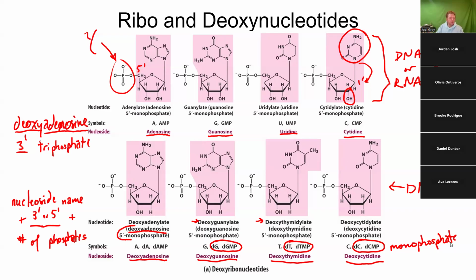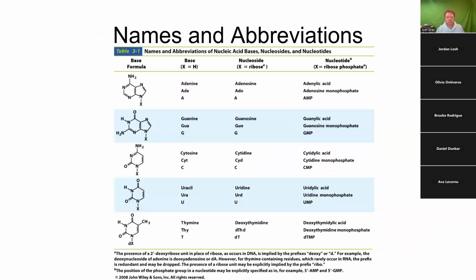Now I'm going to end that poll, go back, and now we've got some more info looking at these structures in a slightly different way. This is kind of itemizing out adenine versus adenosine. Know the difference between adenine and adenosine. Adenine is the name of just the base.